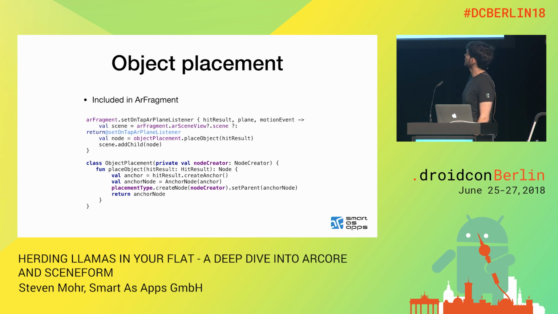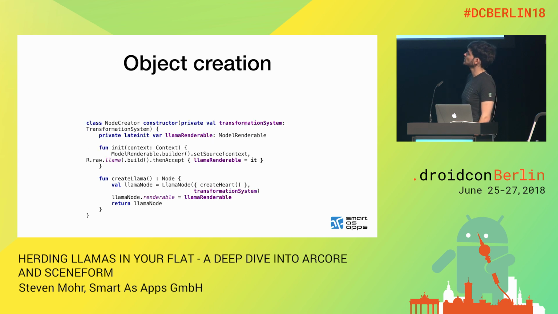So how do we create a llama? Would be interesting. So loading the model that we have created is just this one line. ModelRenderable builder set source. As you can see, your models are placed in the resource folder, so they are handled like any other Android resource.